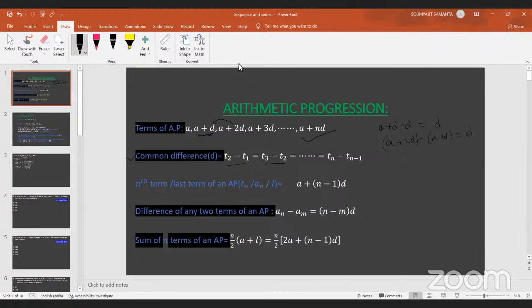And what about the nth term? Nth term means the last term in AP, obviously in a finite AP. What is the nth term?